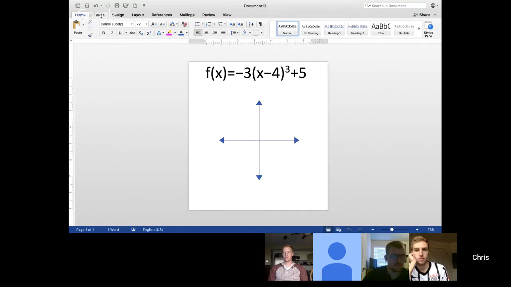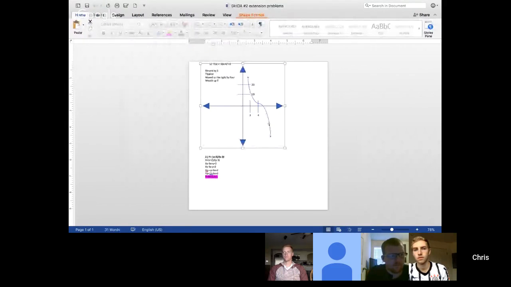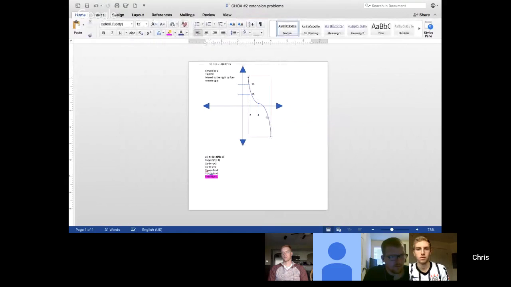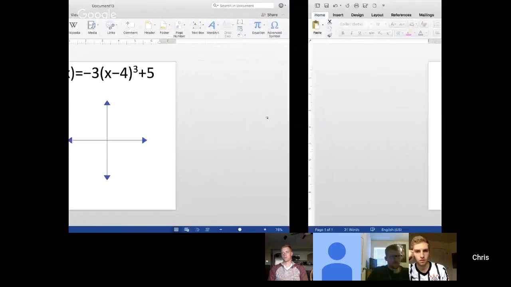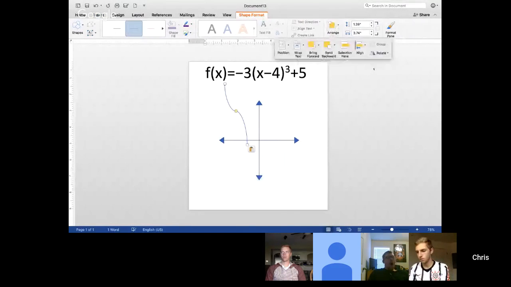Okay, we know we have an x cubed graph from our parent functions. So that's what it is normally.